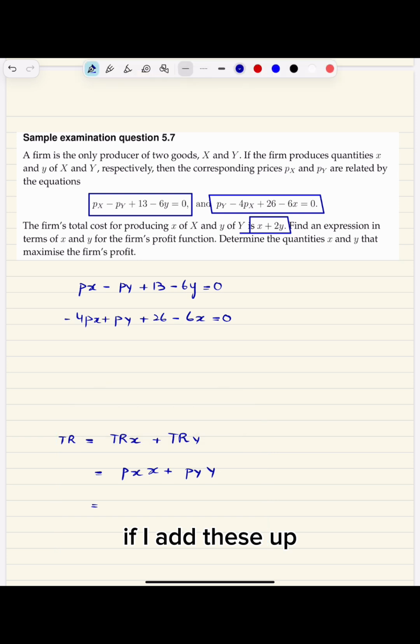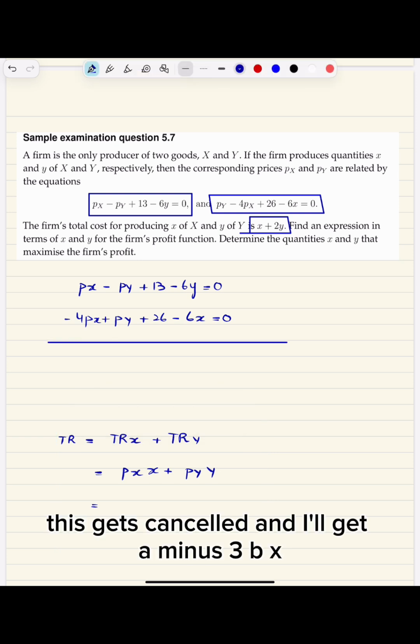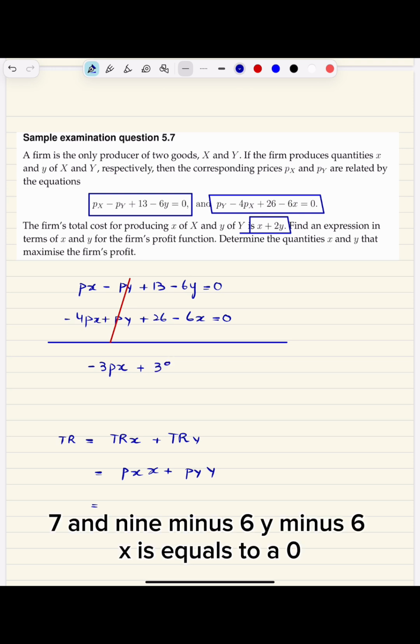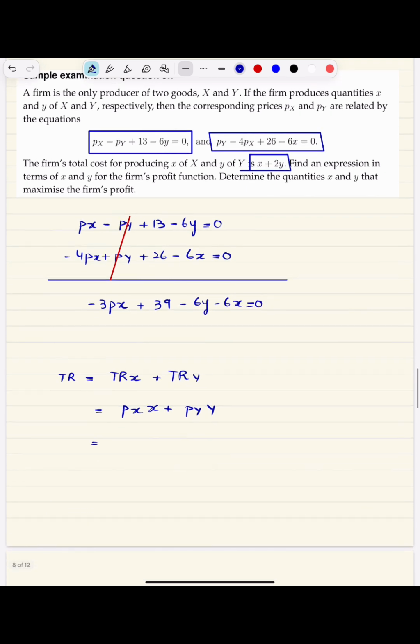If I add these up, this gets cancelled and I'll get a minus 3px plus 3 times 6 minus 6y minus 6x is equal to 0.